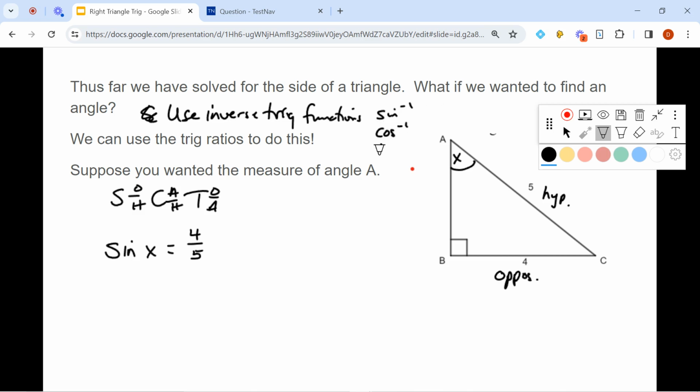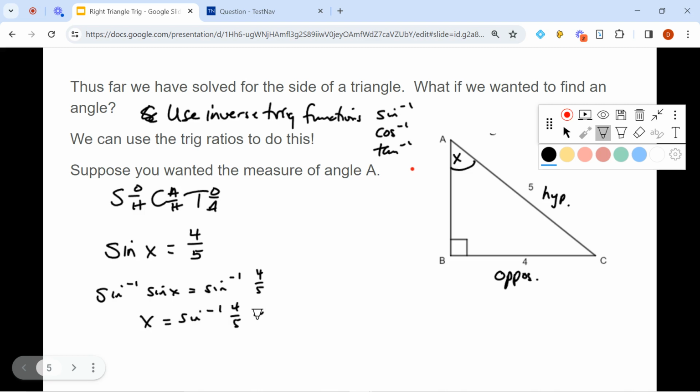Inverse cosine, inverse tangent. Okay, so we're going to take the inverse sine on both sides of this equation. And now the inverse sine and the sine will knock each other out. It will leave me with X is equal to the inverse sine of 4 over 5.